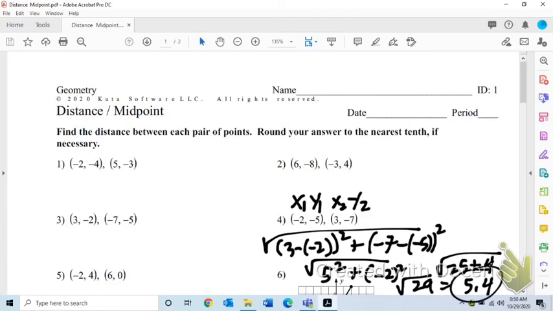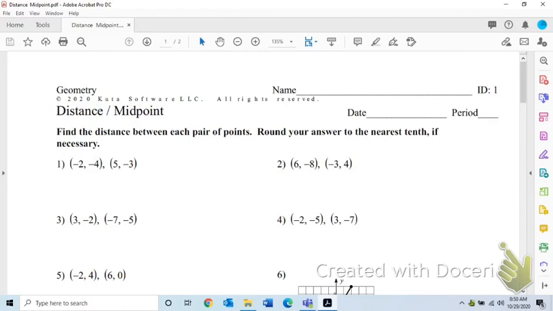Okay, so that should do it. I guess I'll do number 5 has a 0 in it. So we'll go ahead and work that one together. x1, y1, x2, y2. The appearance of the 0 does absolutely nothing.